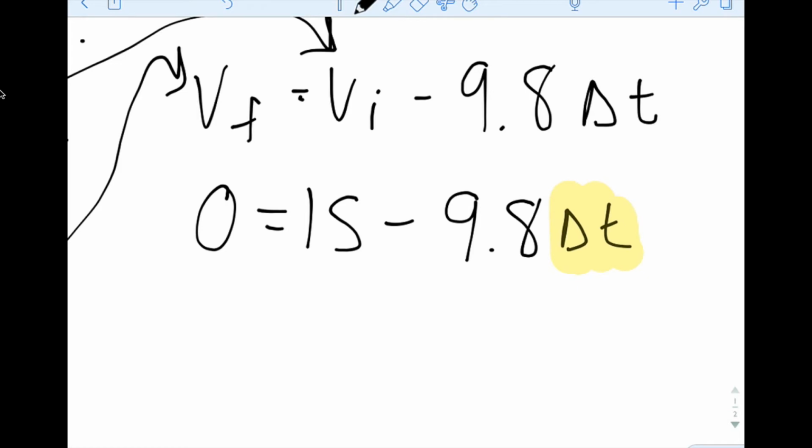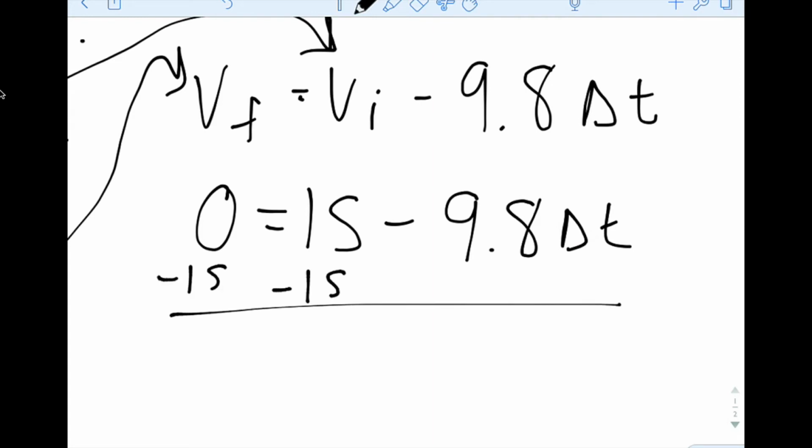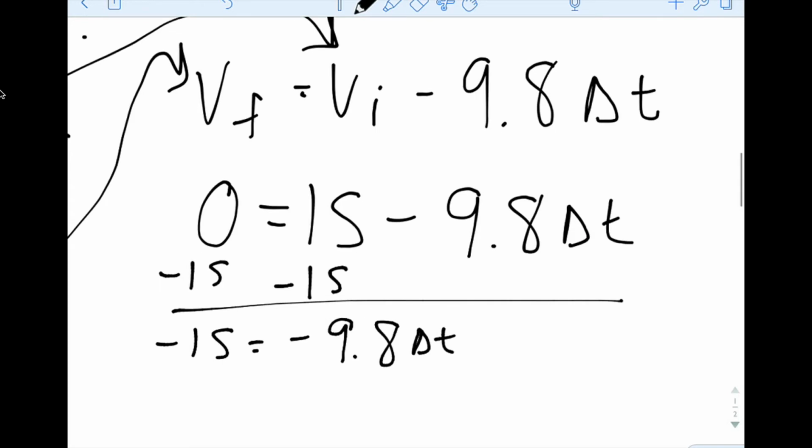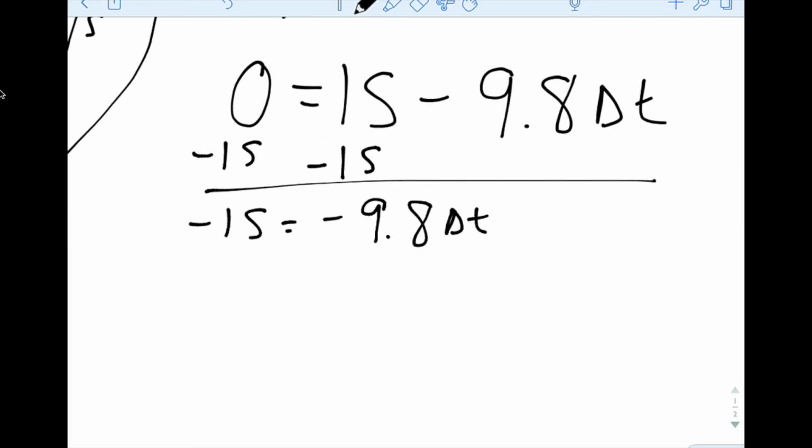The first thing I want to do to get delta t by itself is to get rid of this 15. Technically it's being added to a negative 9.8 delta t, so to get rid of it, we're going to have to subtract 15 from both sides. Okay, so I'm going to end up with negative 15 equals negative 9.8 delta t. Now, the last thing I need to do here to get delta t by itself is just to divide by negative 9.8.